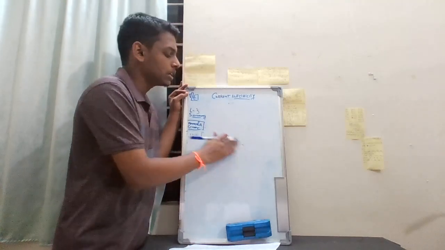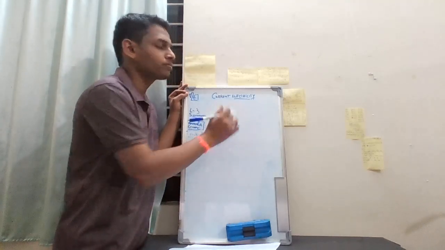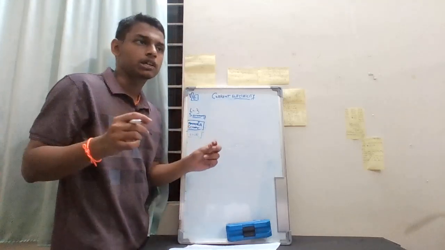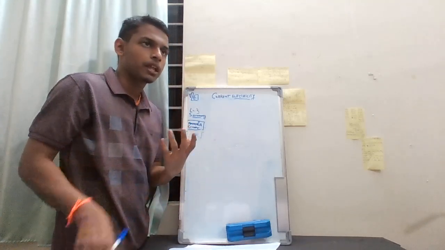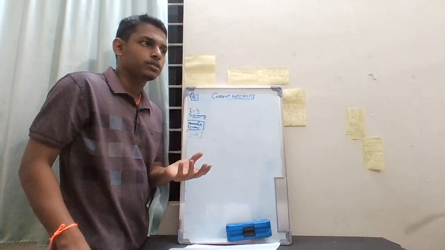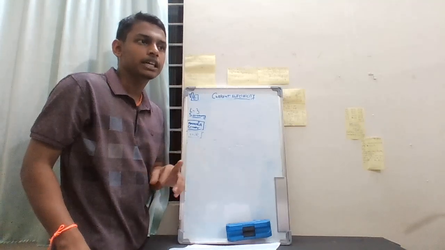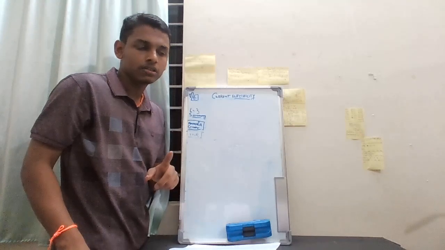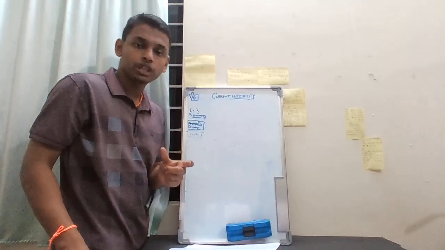So we are considering the volume conservation, because if we stretch a wire, its area will decrease and length will increase, but they will maintain the volume which they have.